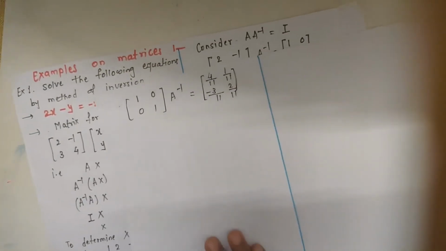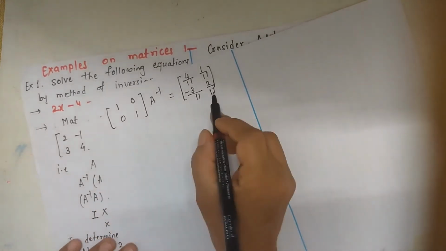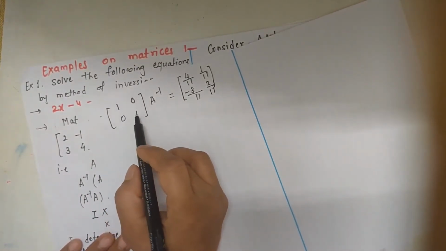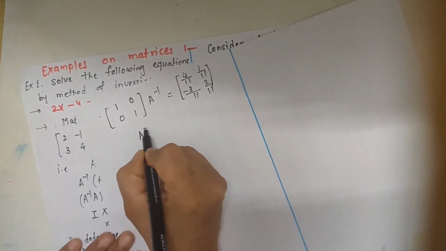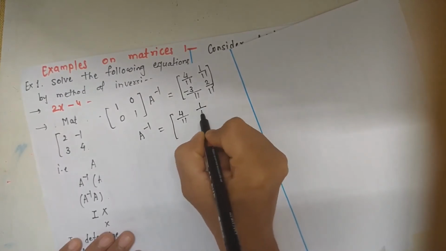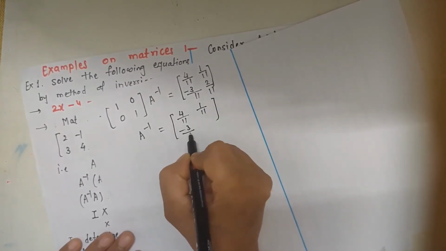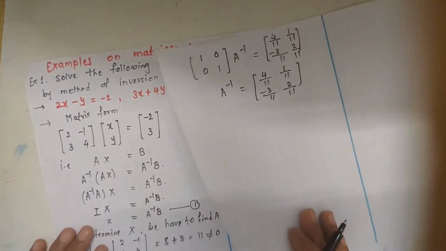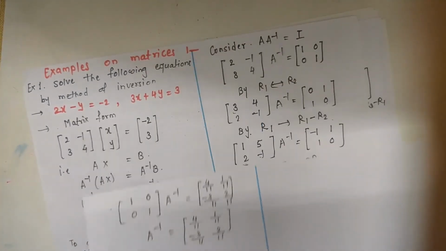Now applying the suitable row transformation, convert the given matrix into the identity matrix. Then we get the value of A inverse is equal to the matrix 4 by 11, 1 by 11, minus 3 by 11, 2 by 11. Now put this value in equation 1.